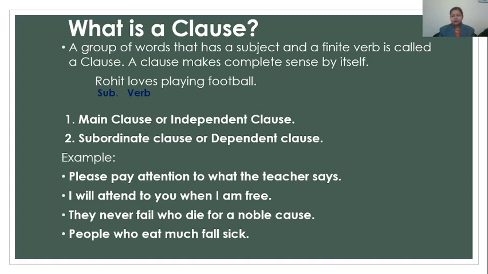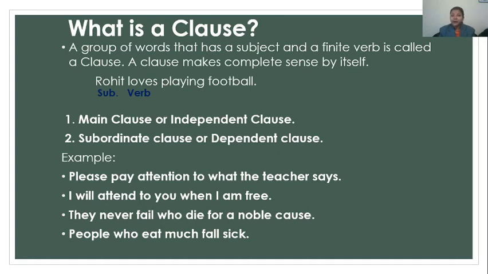An independent clause is a clause that is complete in its meaning and can stand alone. It doesn't need the help of any other clause to clear its sense.